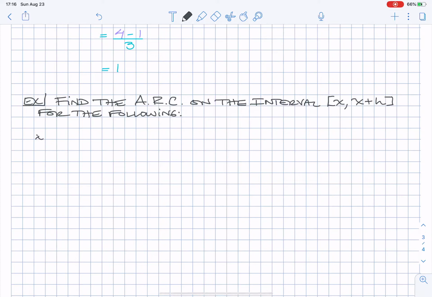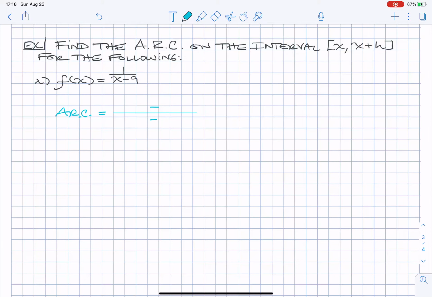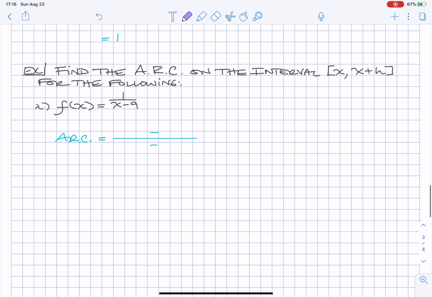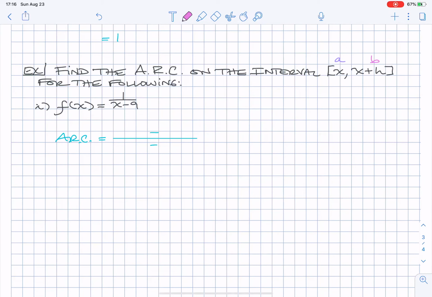So number 1, let's say the first function is 1 over x minus 9. Okay, so I know that the average rate of change is going to be f of b minus f of a. So my a and my b, let me color code them. This is my a, and this is my b.